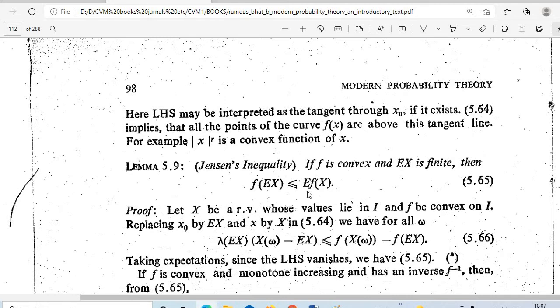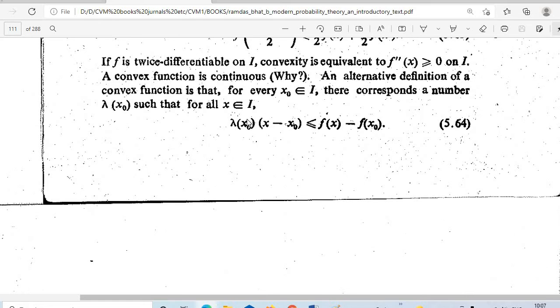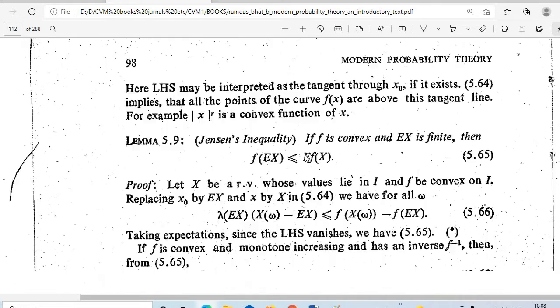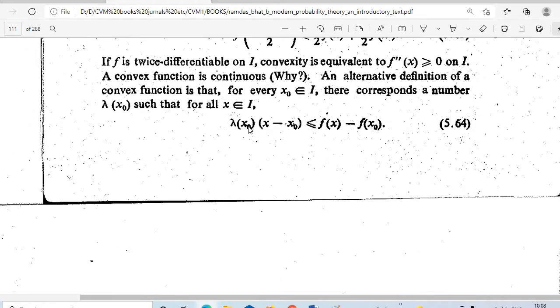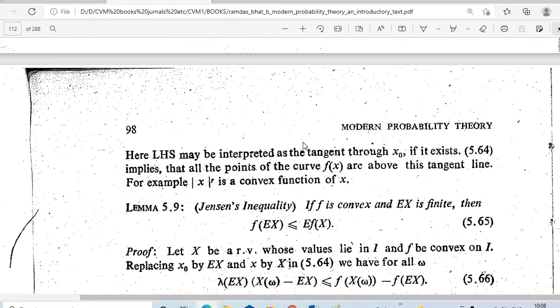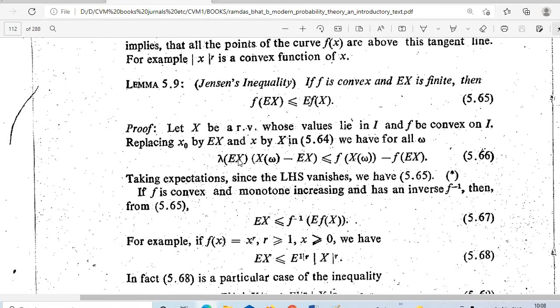You can use the convexity property: lambda of x naught into x minus x naught less than or equal to f of x minus f of x naught. So you can replace x naught with expectation of x, that is a fixed value, and small x with the random variable capital X. So you will get lambda of expectation of x into x of omega minus expectation of x less than or equal to f of x of omega minus f of expectation of x.